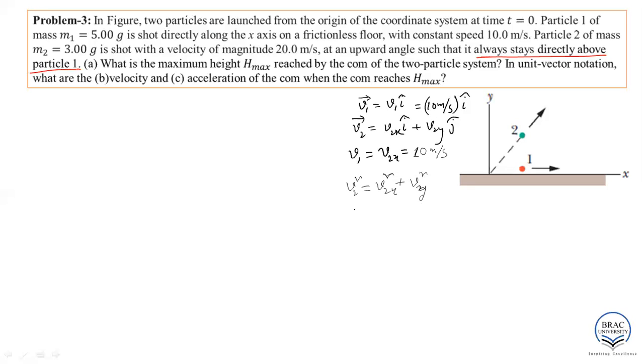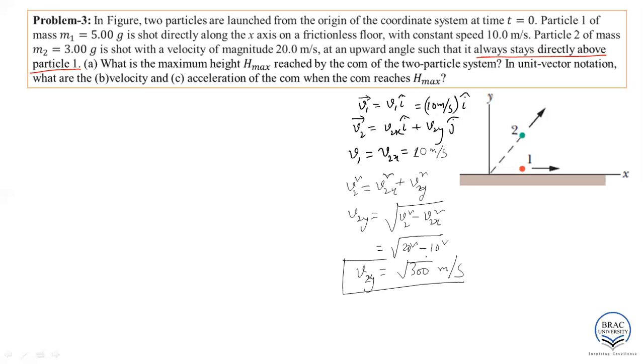So v2y is equal to root over v2 square minus v2x square. That means 20 square minus 10 square, which is root over 300 meter per second. This is v2y, the vertical component of the velocity of particle 2.